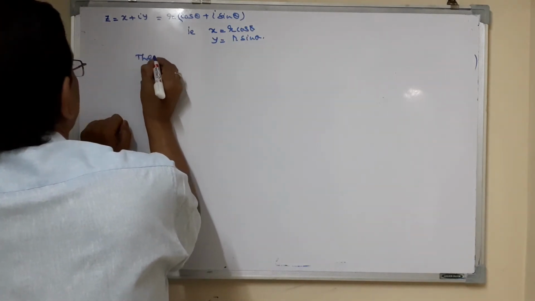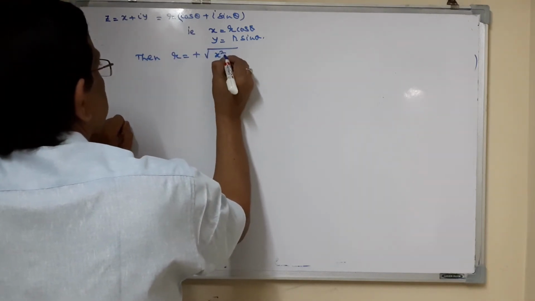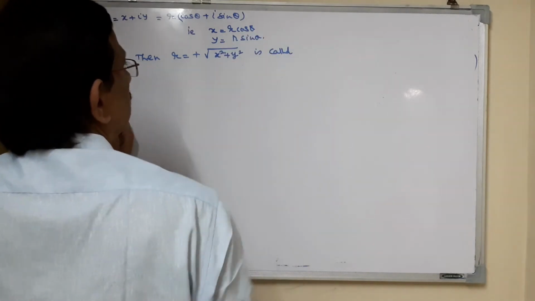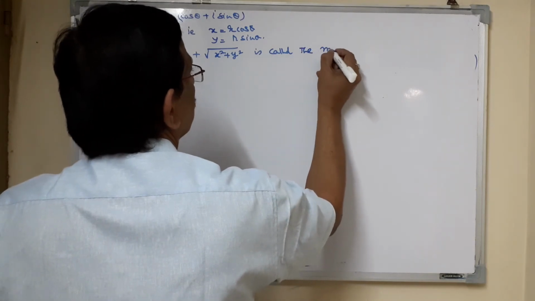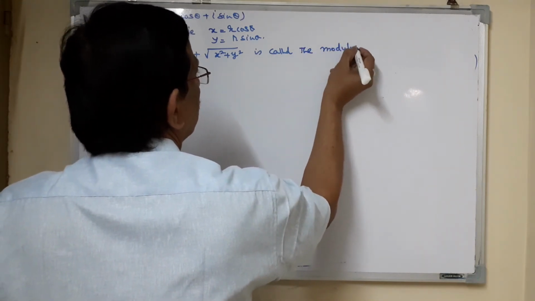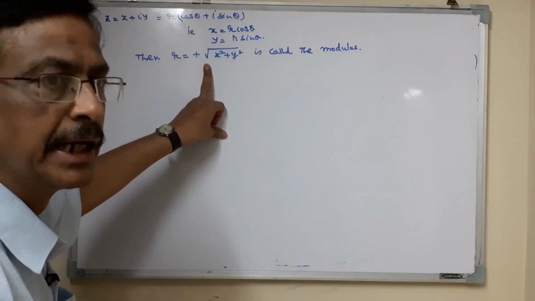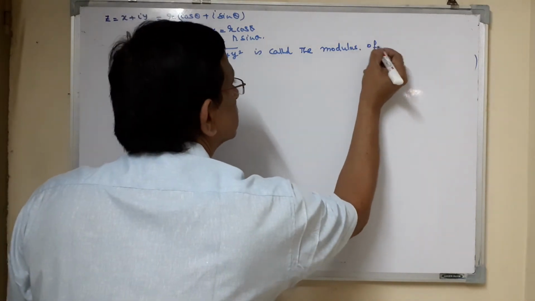Then r is equal to plus root x square plus y square, is called the modulus. So length, the positive length, we don't have a negative length. So it's called the modulus of z.